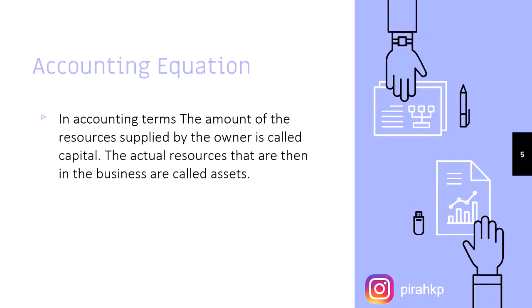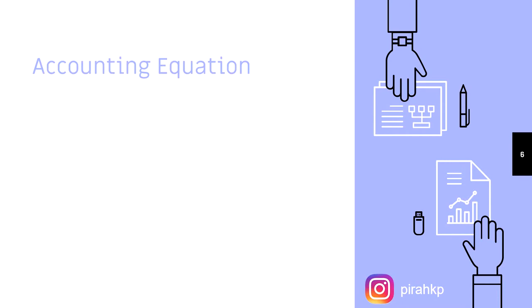In accounting terms, the amount of the resources supplied by the owner is called capital. The actual resources that are then in the business are called assets. So as we said, so far only the owner has supplied the resources, right? Hence, capital is equal to assets.